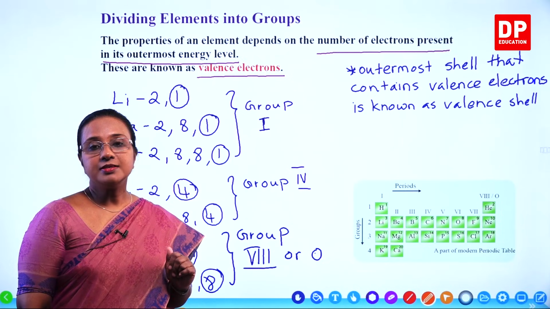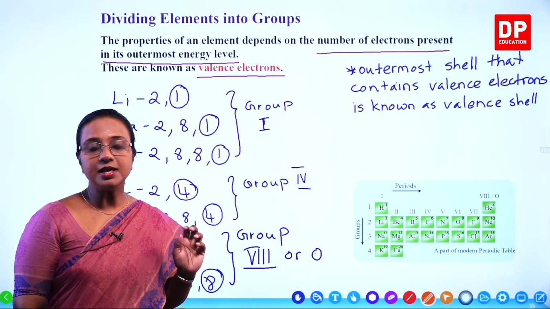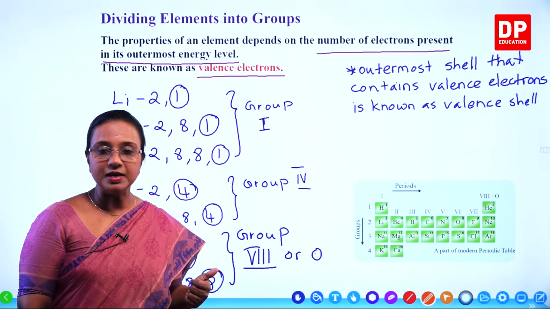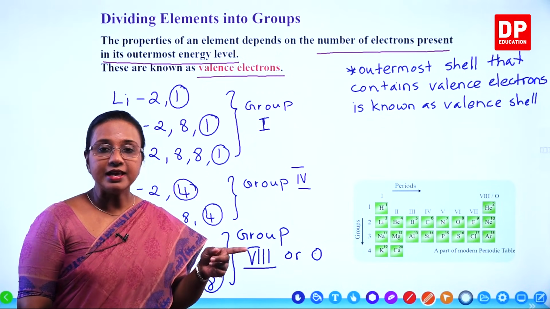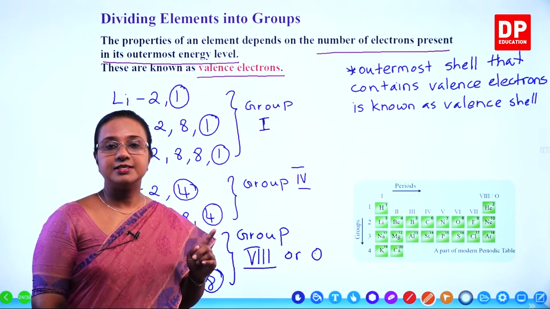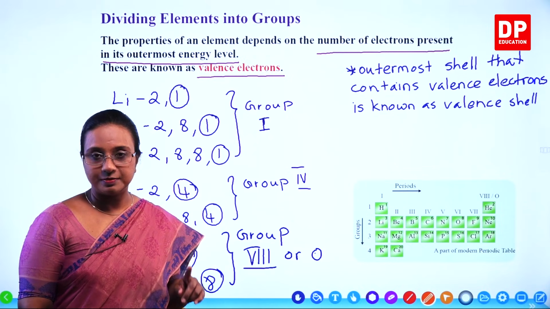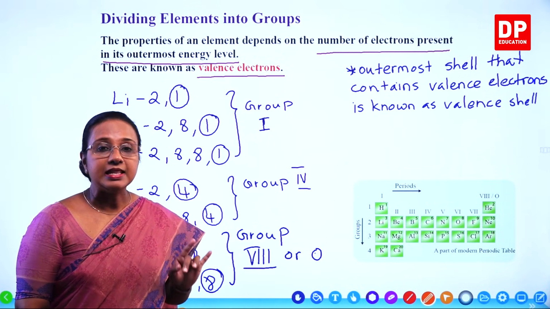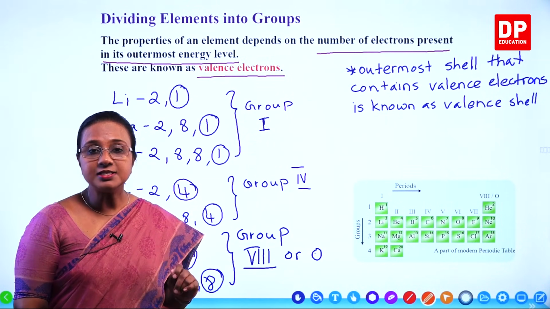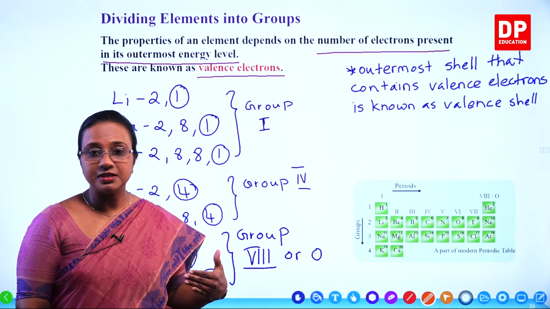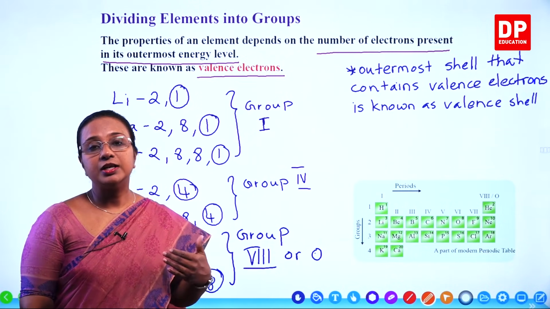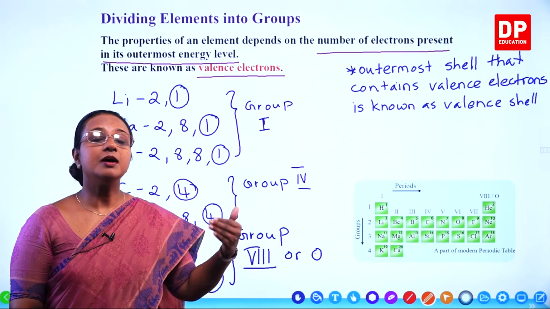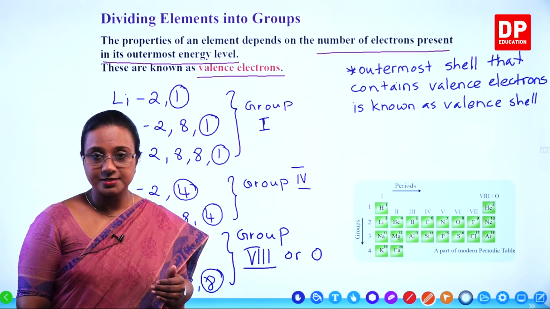Again, to summarize, the periodic table is based on atomic number and electronic configuration. Elements are arranged in ascending order of atomic number, and the number of shells that contain electrons in a particular element will be equal to the period number where the element is.